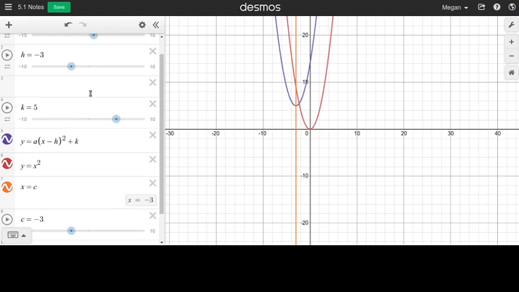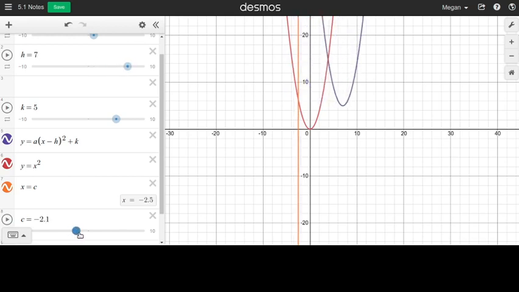If I move my parabola the other direction, somewhere over here, then again, I'm going to have to take my axis of symmetry and slide it all the way to the same spot. So you can tell that every time it lines up perfectly with the axis of symmetry, I end up with my x value being the same as my h value.